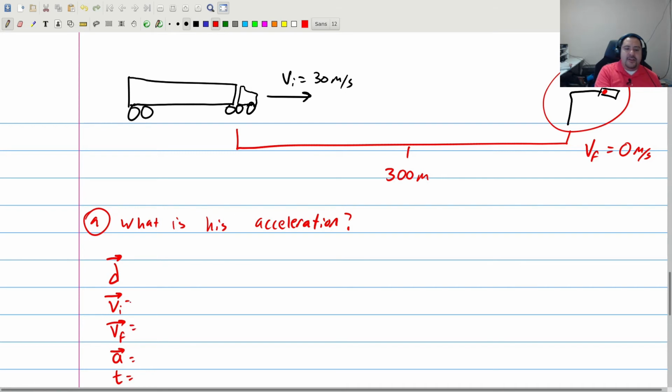And I'm going to plug in the pieces that I know into this table. So I know v final is going to be 0 meters per second. I know v initial is going to be 30 meters per second. I know the displacement is 300 meters. By the way, that's right. V initial is also to the right. And 0 meters per second doesn't need a direction because he's not going anywhere.